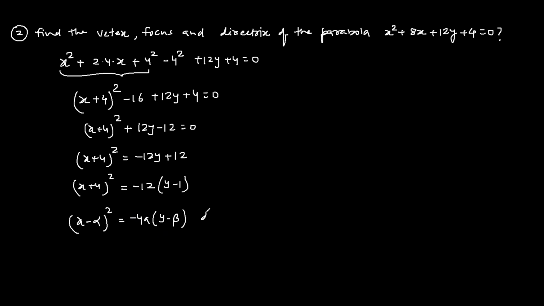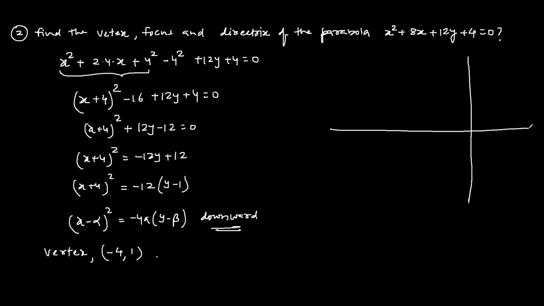This is a downward parabola with vertex (alpha, beta). So we can find the vertex. Vertex is at (minus 4, 1). This is the vertex. Now let's roughly draw this parabola. This is the x-axis, y-axis.